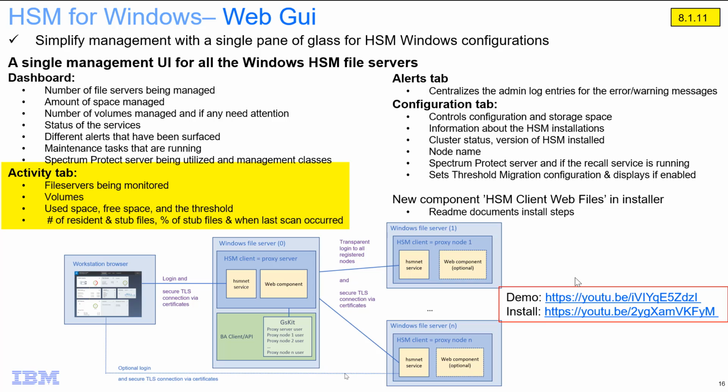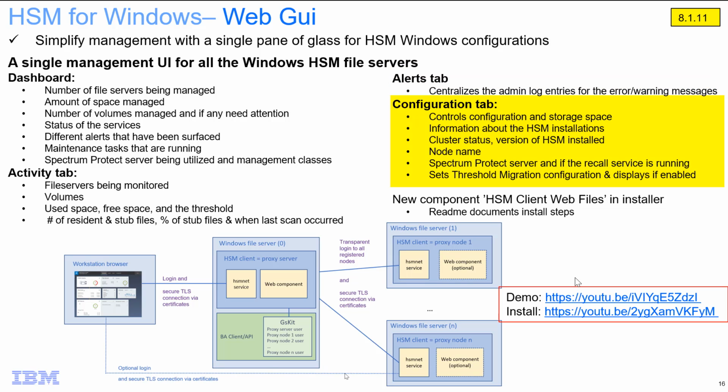You can then choose some other tabs, which will include an activity tab, which would show you things like the file servers being monitored, the volumes, the used space, free space, thresholds, number of resident and stub files. The alert tab would be a centralized place for the admin log entries for errors or warning messages.